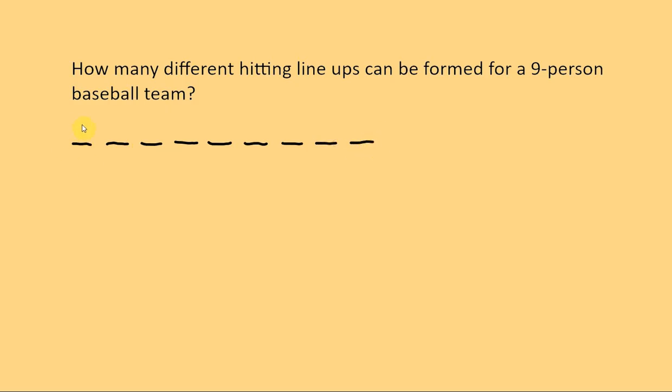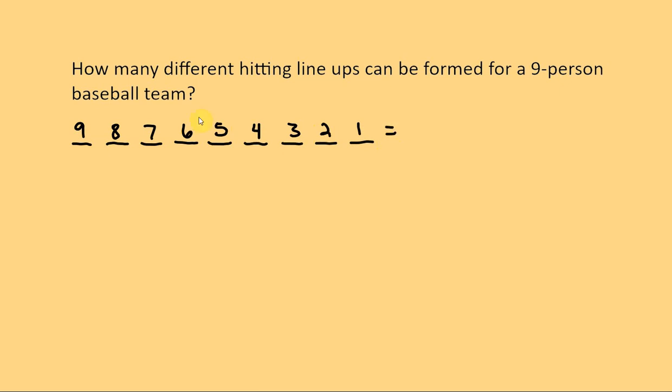In the first position, there are 9 different players to choose from. In the second position, you can't bat in more than one position. So in the second position, there's only 8 choices left. And then the third position, there's 7 choices, followed by 6, 5, 4, 3, 2, and 1.